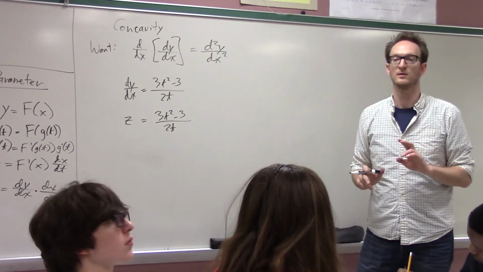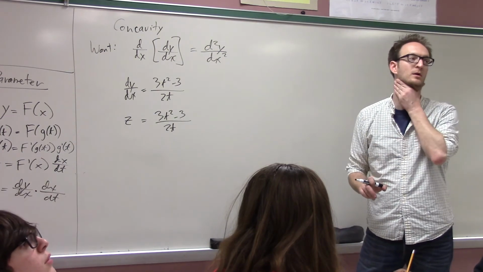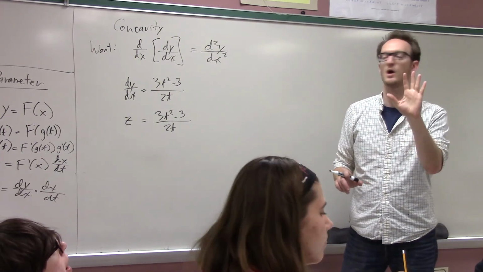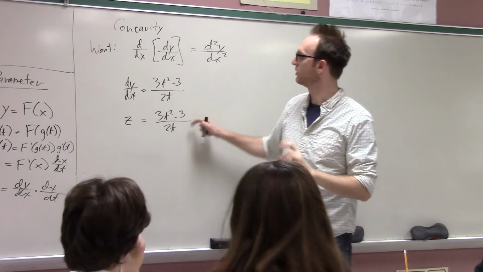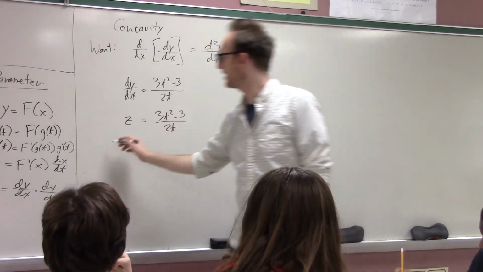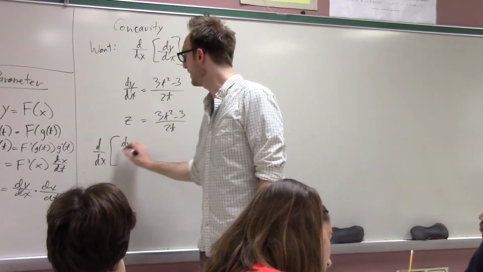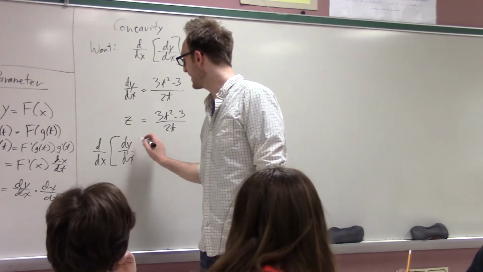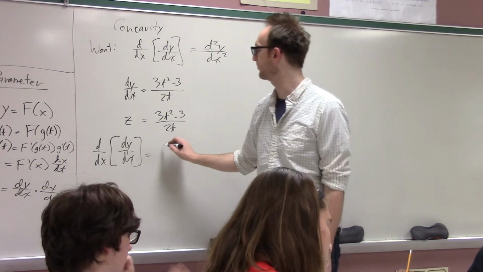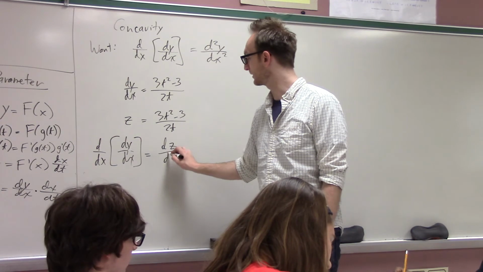Yes? Can't we just use the equation x equals t squared and plug it in to replace t? No, just stay with me for a second. So this is this, right? If what I really want is the rate of change with respect to x of dy dx, then what I'm really looking for is dz dx.